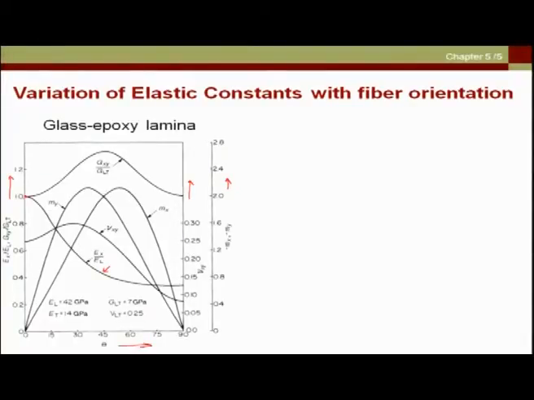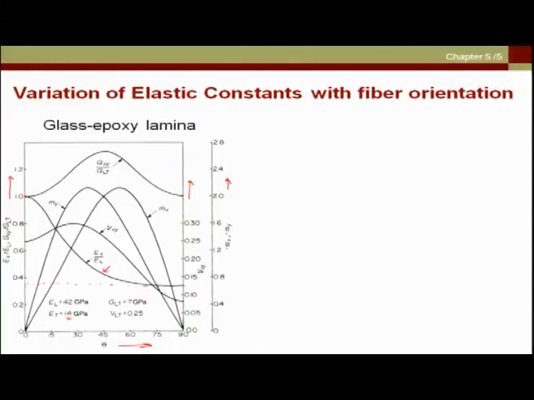And as theta increases, the value of Ex continuously keeps on dropping, and then it slowly starts becoming flat, and it ends up at the value of something like 0.3. Maybe I did not draw this line straight enough, but it is about 0.3 because Et is 14 GPa. So, Et over El is 1 by 3, so 0.33, something in that range.